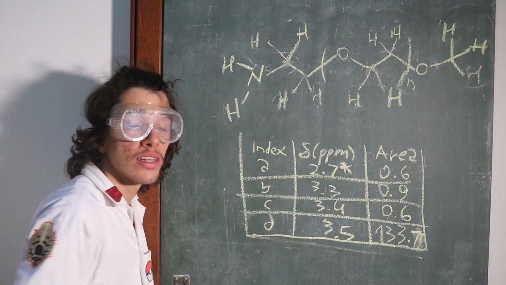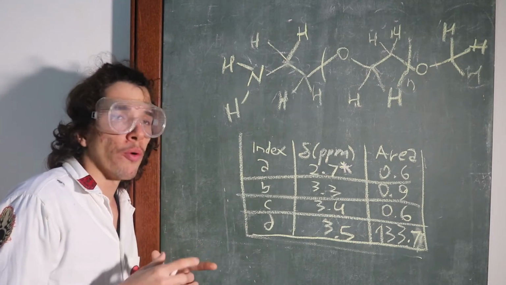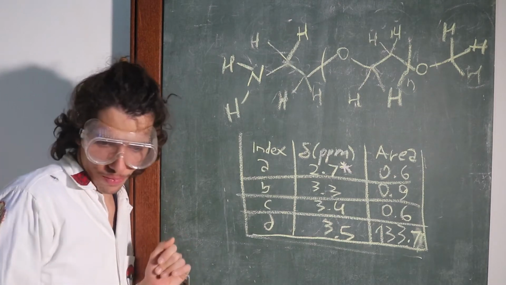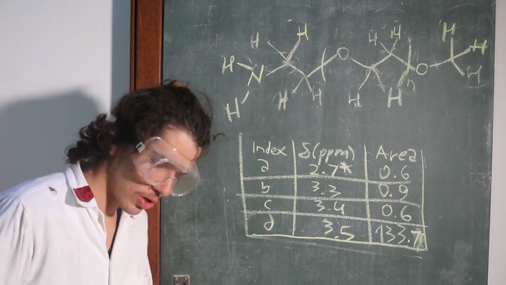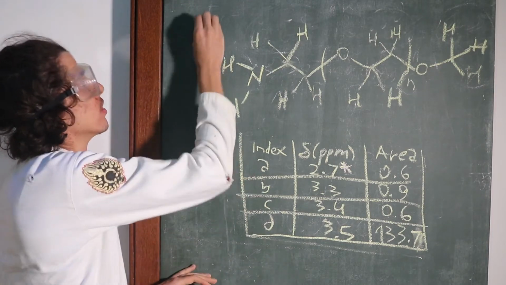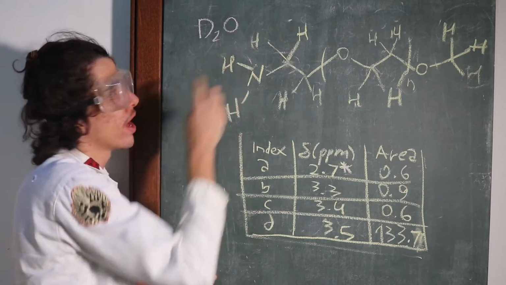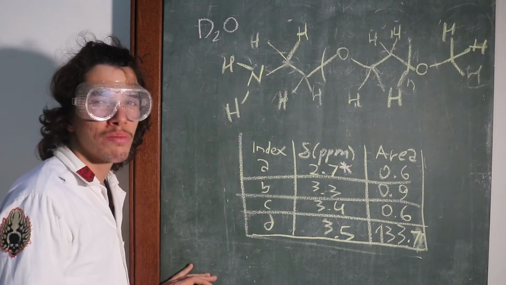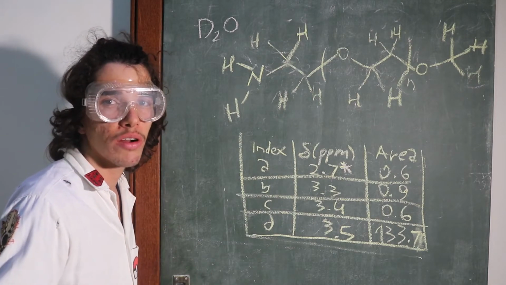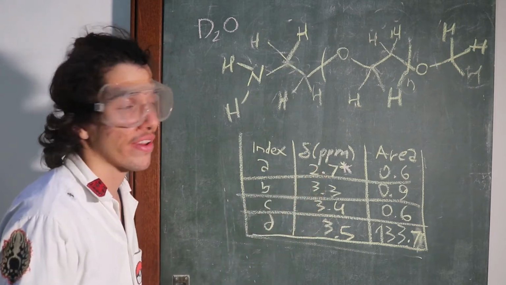This signal, the A, if you put the sample in D2O, heavy water, the signal disappears altogether. Okay? So try again. I'm sorry for the past moment because this information was really important.